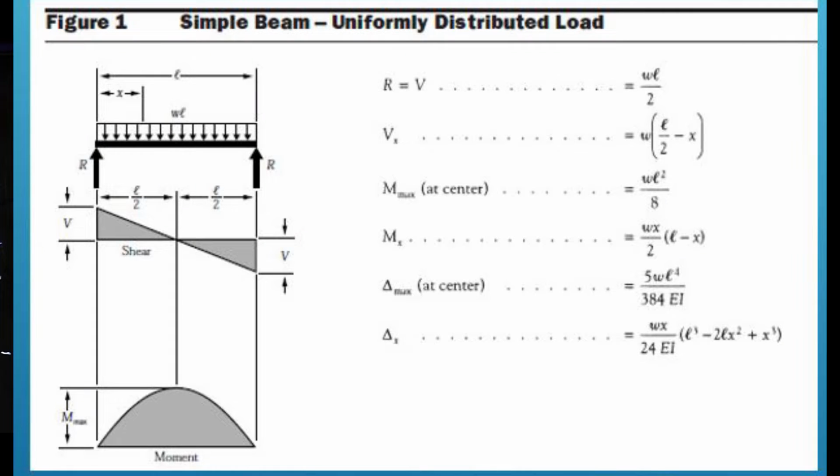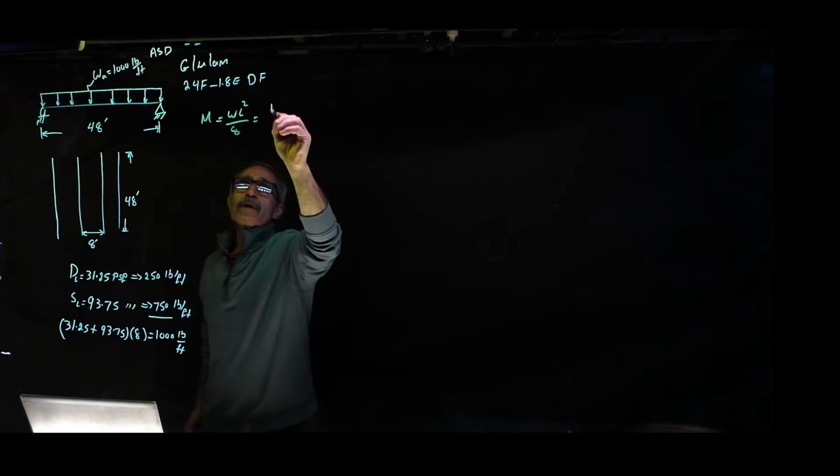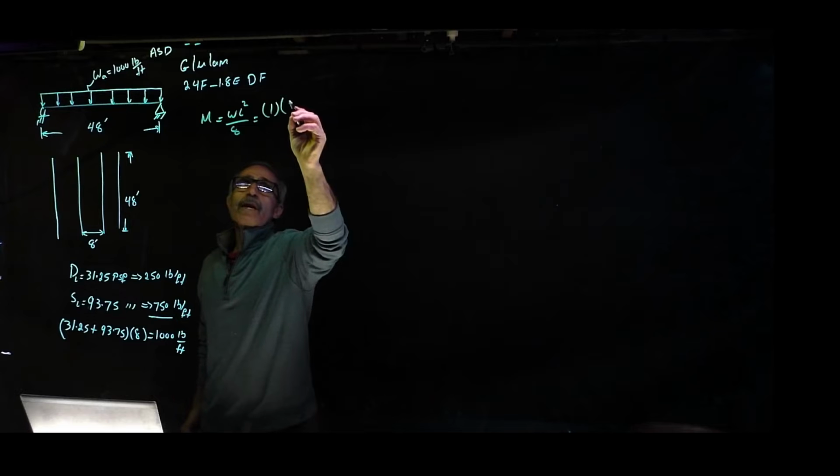The maximum moment for a beam like that is WL squared divided by 8, and our W is 1 kip per foot, times 48 squared, and that's a kip per foot, by the way.